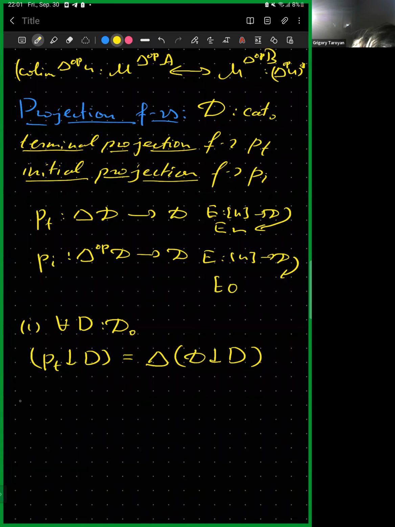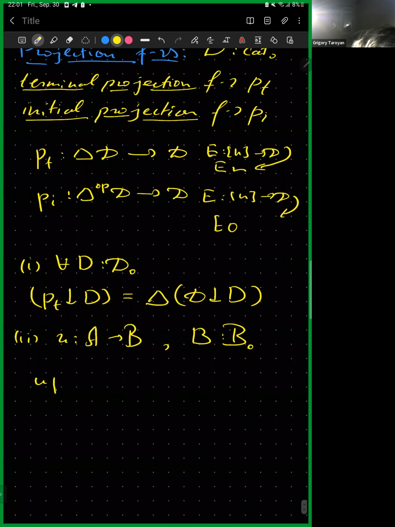And the second statement, which is a direct generalization, is that if we have an arbitrary functor between small categories, and B is an object in the target, then the overcategory of B is the same as the category of simplices of this overcategory.